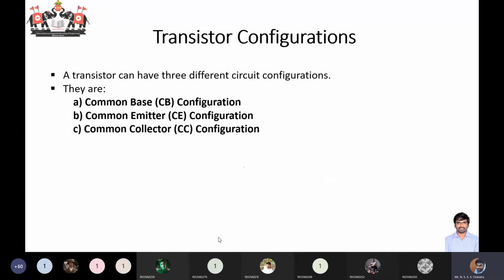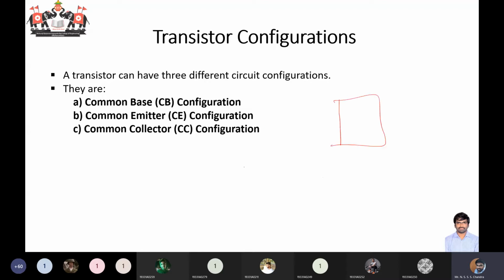So we have the three configurations. Before going into each of the configurations, I'll give you a general layout of the configurations. Just a minute. You have to take the two-port network configuration. So you will consider the circuit as a two-port network.